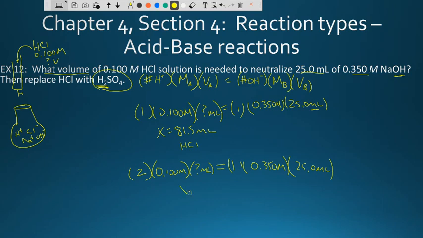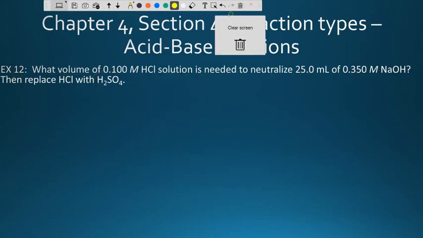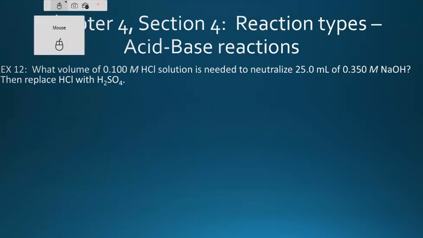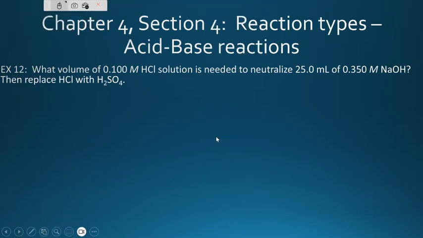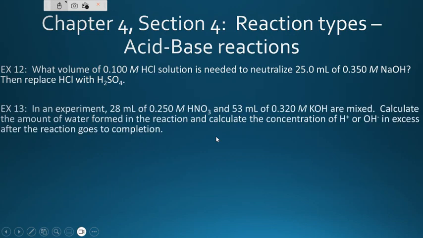And so what ends up happening is I end up with 43.8 milliliters. Notice I don't need as much acid if I have more hydrogens to play with. In fact, I need half. So it's pretty straightforward in terms of the math, and we just keep on going through the examples. Visualizing what's going on with this is going to be key.